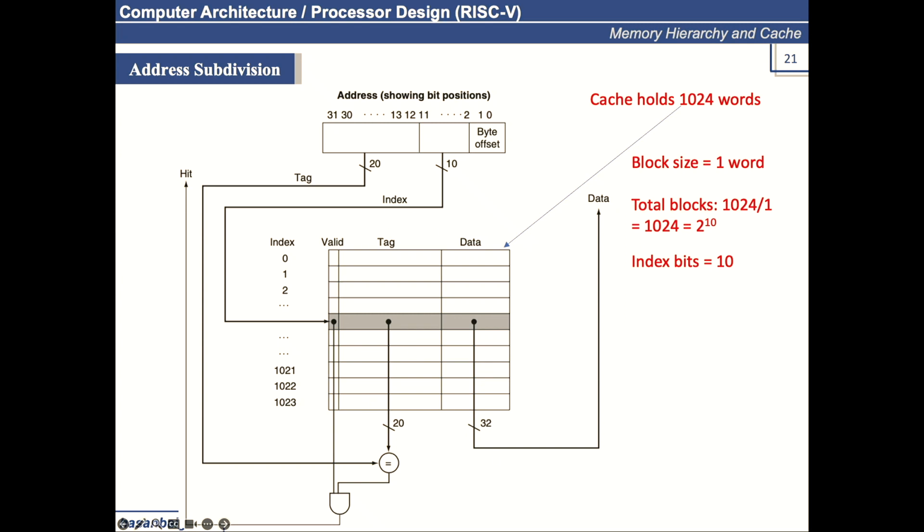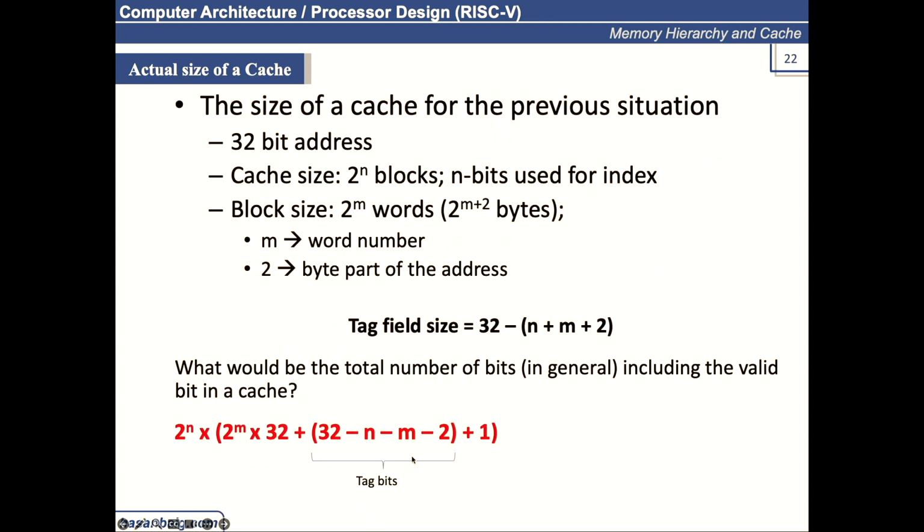This is the tag bits, this is 1 valid bit with each block, and this is the data bits in a block. If it is 2 to the power m, 2 to the power 0, which means 1 word, and every word has 32 bits, that gives the total number of bits in a block. There are a total of 2 to the power n blocks. So this gives us the total number of bits in a cache. This is how you should be calculating the total number of bits in a cache.